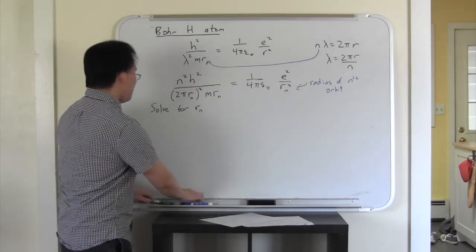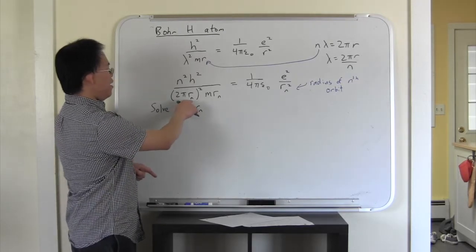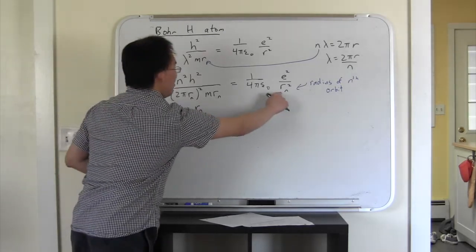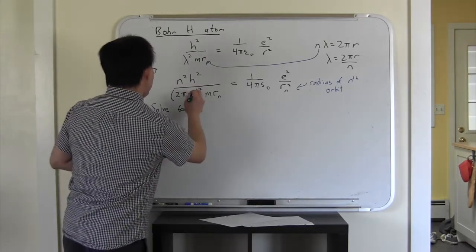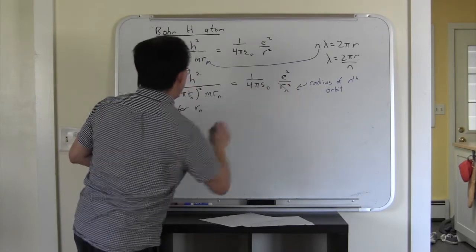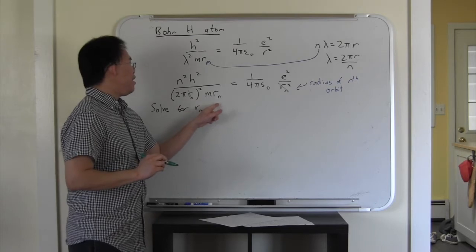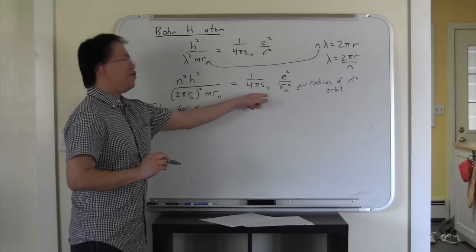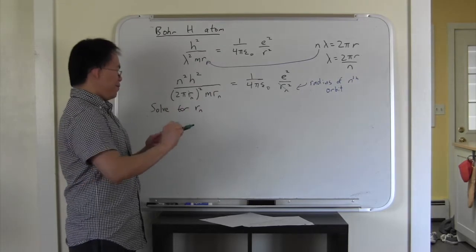So let's be strategic about this. Notice that we have an r sub n squared here and an r sub n squared there. So I can actually cancel this, which leaves me with 1 r sub n here. I basically need to shove this over to the other side and shove everything else over.